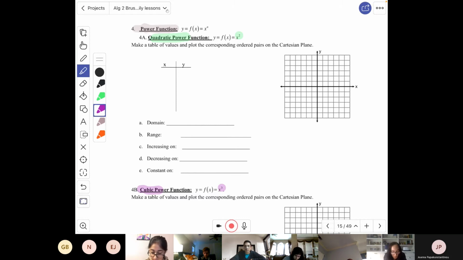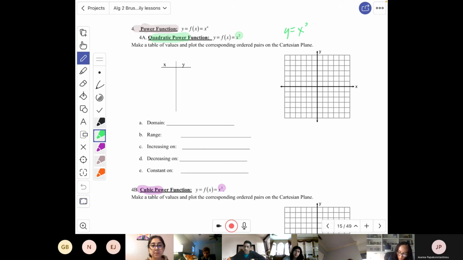So quadratic power function. The parent quadratic power function is y equals x squared, or using function notation, f of x equals x squared. Now, you already talked about how it's a parabola, and it opens up or down, depending on the leading coefficient. We played with that a little bit this morning. If I want to substitute in some x values, can you tell me the corresponding y values?